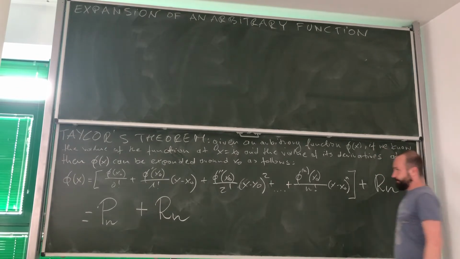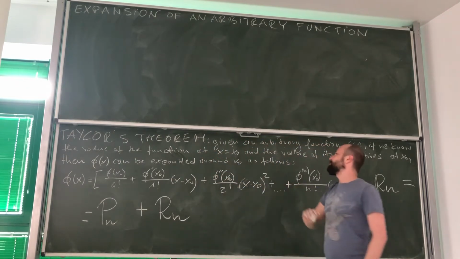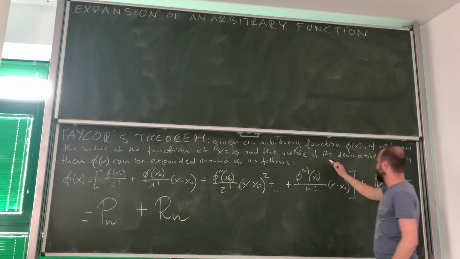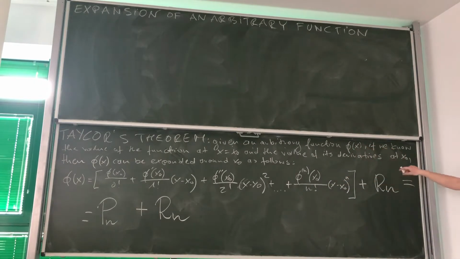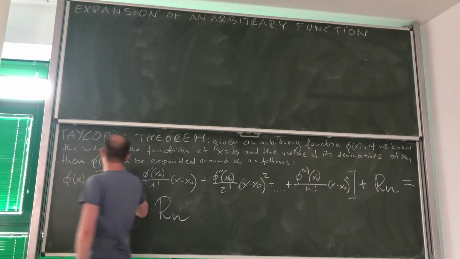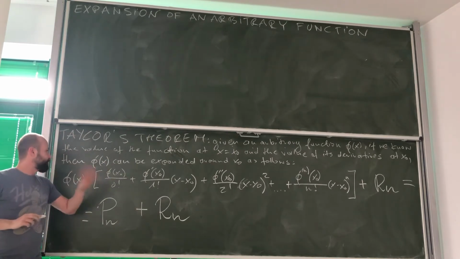If we know the value of the function at some specific point, x equal to x0, and the value of its derivatives evaluated at x0, then phi can be expanded around x0 as follows.